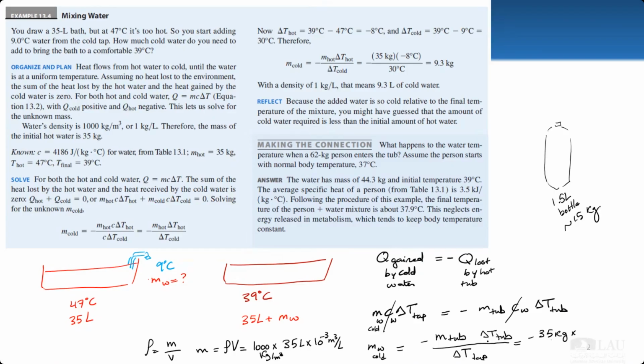Yes, so delta T of the tub is going to be 39 minus 47. The final temperature is 39, the initial temperature is 47, and delta T for the tap is 39 minus 9 degrees.